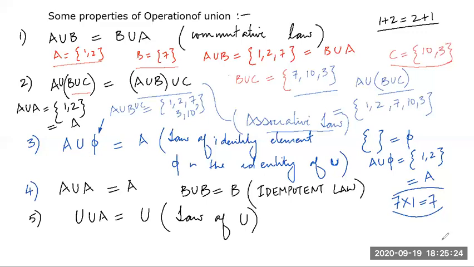All right, students. Having done this, students, now we proceed towards intersection of sets. What is intersection of sets? Intersection of sets. So guys, first I will talk about generally what is intersection of sets.